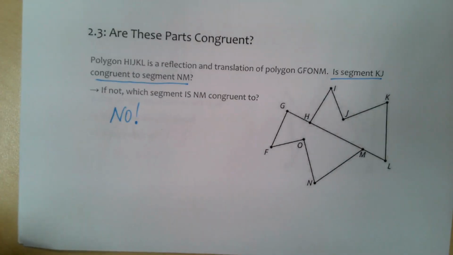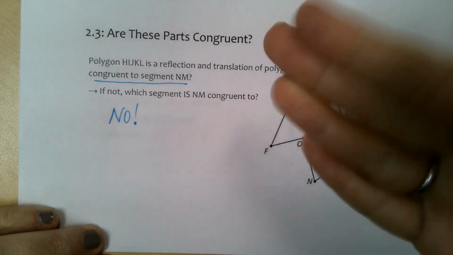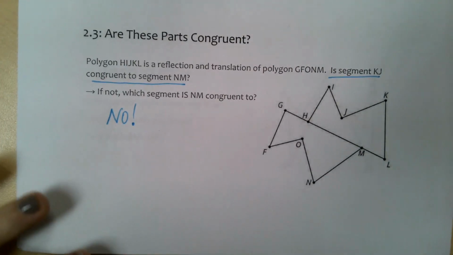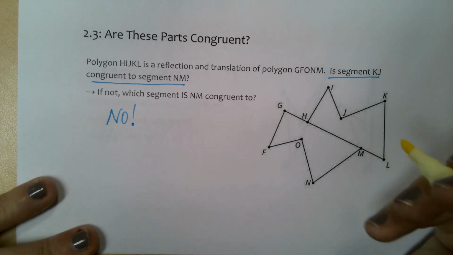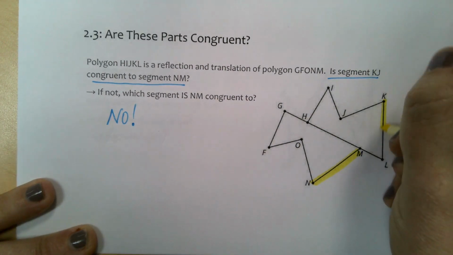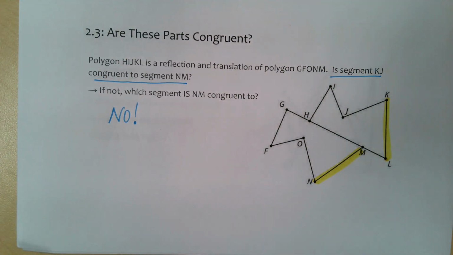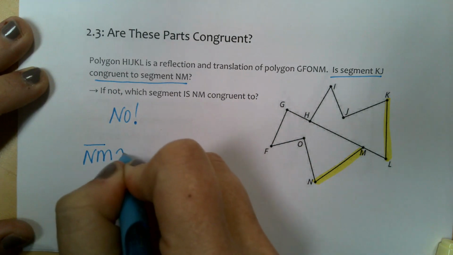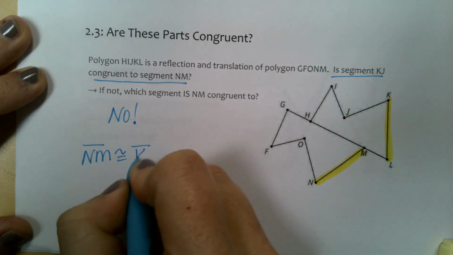So remember, it was a reflection, and then a translation. So if I look at this, NM is going to line up with KL when we do that. So I know instead NM is congruent to KL.